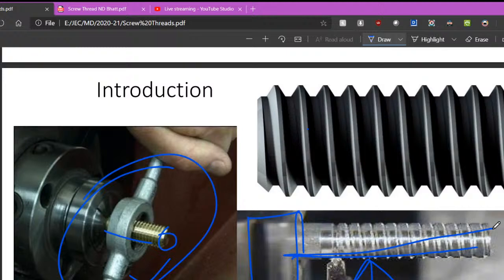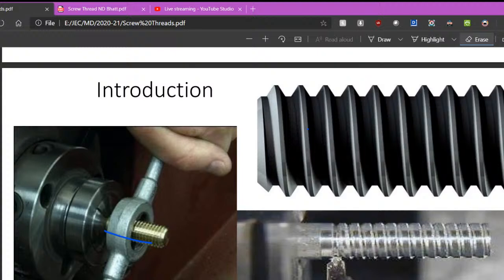For that reason we use the die and rotate it this way, and at the same time press against the workpiece. We rotate it and also force it this way, so we get this form of thread with the help of die.